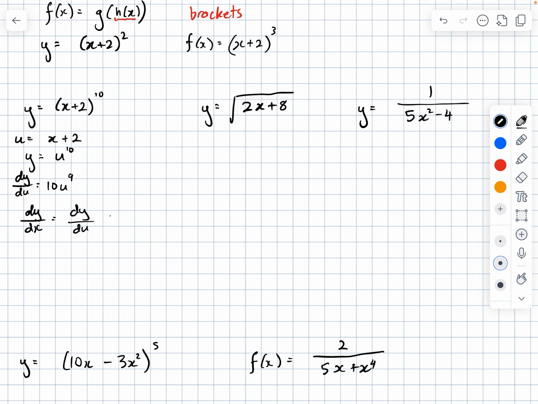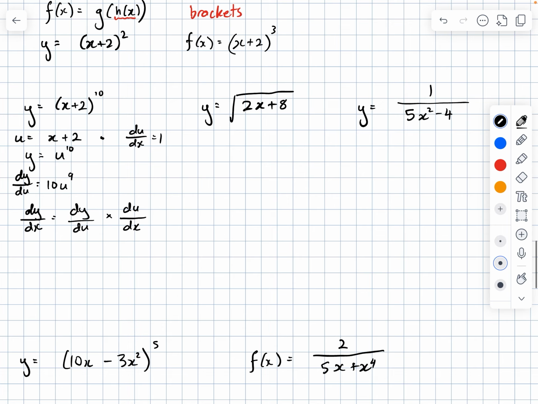Now, the reason why we use this form of function as opposed to f(x) is that we can sort of treat this like fractions. In order to get dy/dx, I need a du on top to cancel the du on the bottom of the dy/du, and I need a dx on the bottom, which means I need du/dx. Well, du/dx can come from u equals x plus 2. du/dx is just 1.